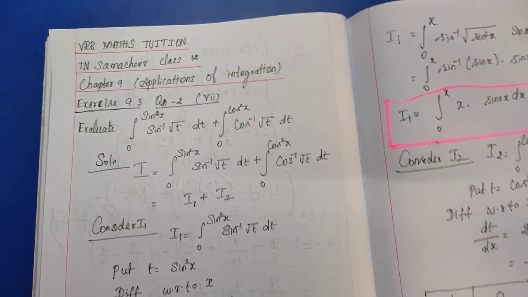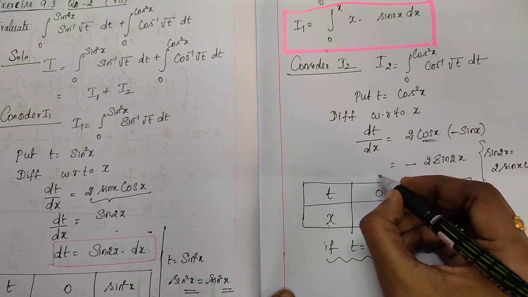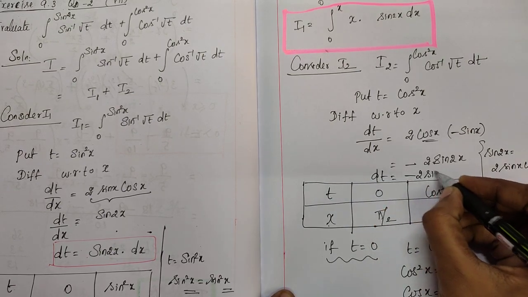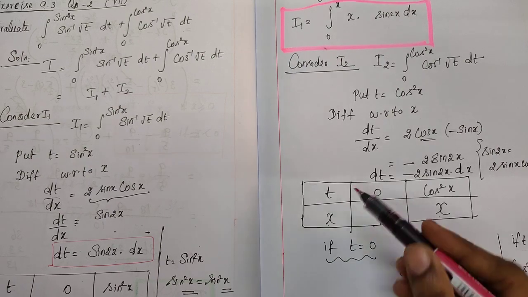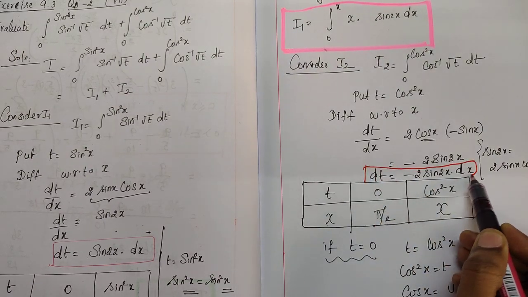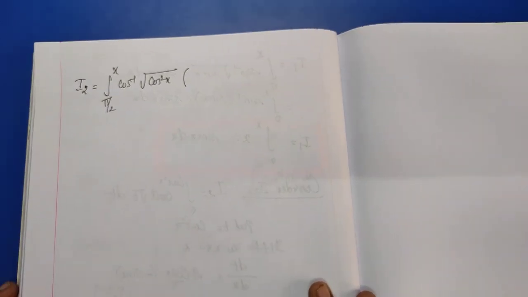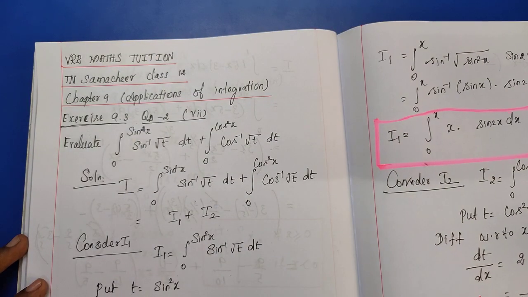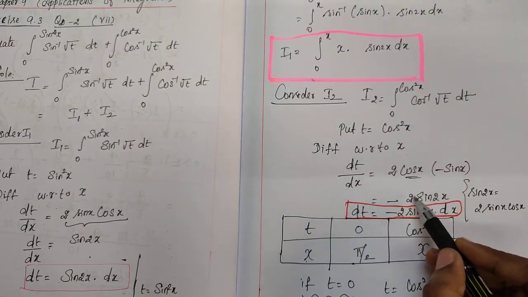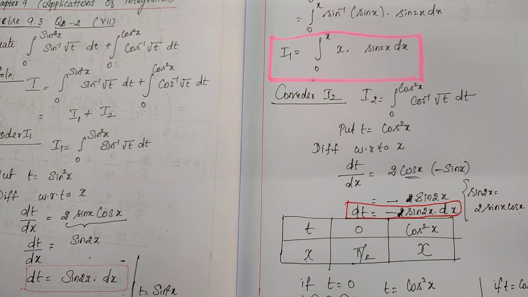And for the term dt, from this line our dt is equal to minus sin 2x dx. Therefore, in the place of dt we can substitute minus sin 2x dx.